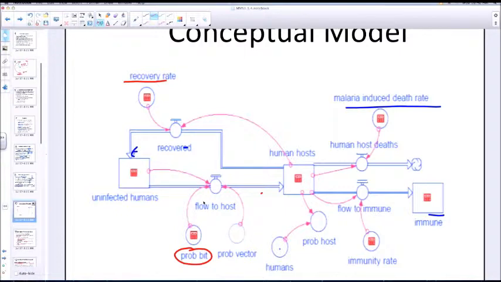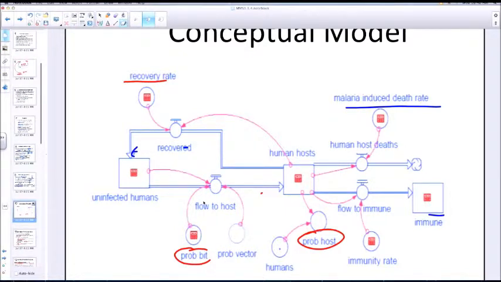That is shared by both the human and the mosquito because it's a binary relationship when the mosquito bites a human. And the second is the probability of the human being a host. That also affects both, because if a mosquito does not bite a host, that matters.